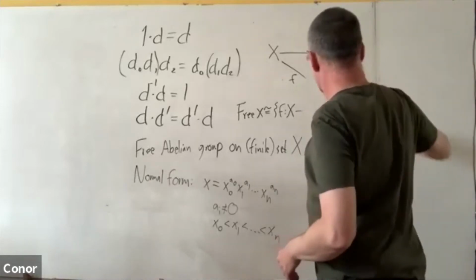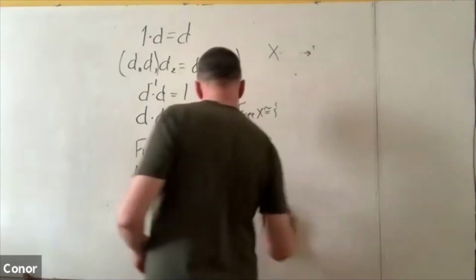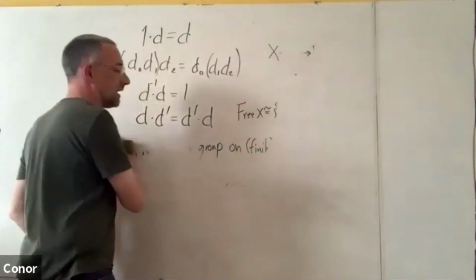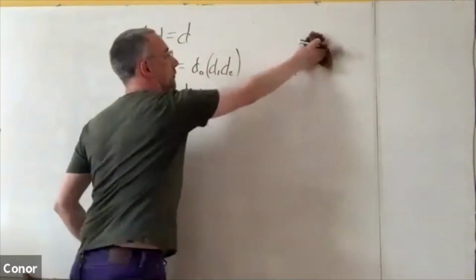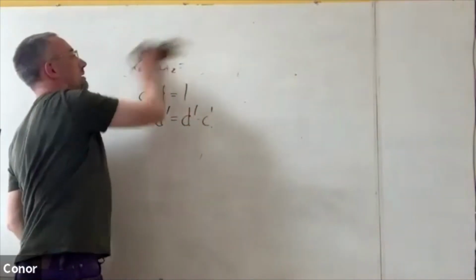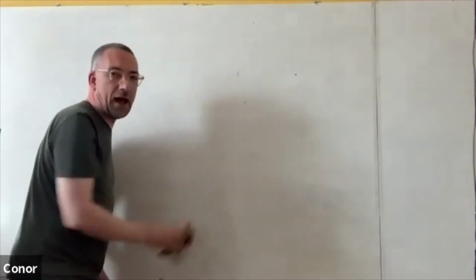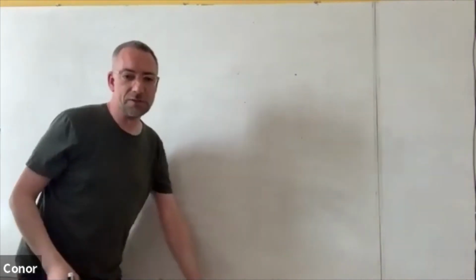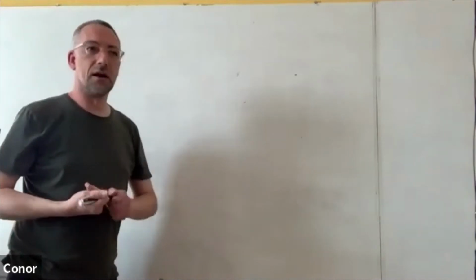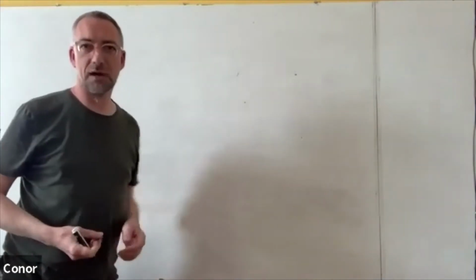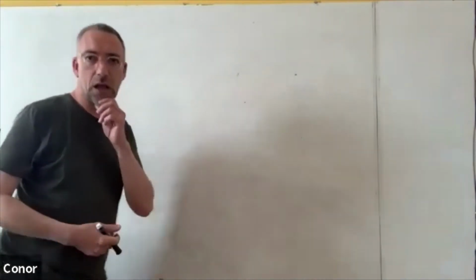So we've got our notion of dimensions. They live in some free abelian group generated by mass, length, time, and the other ones that I don't know about because I stopped doing physics at A level.